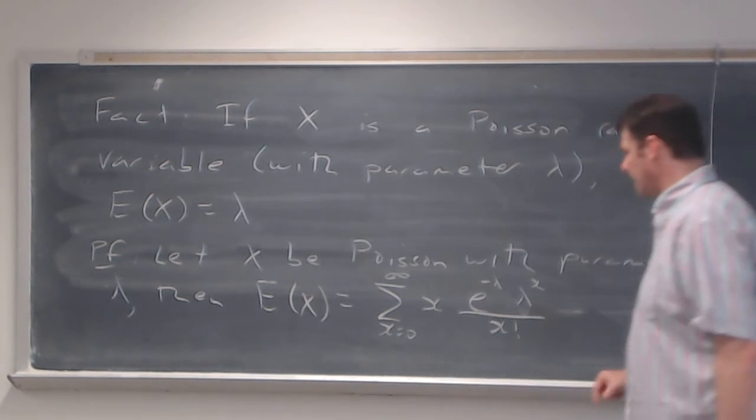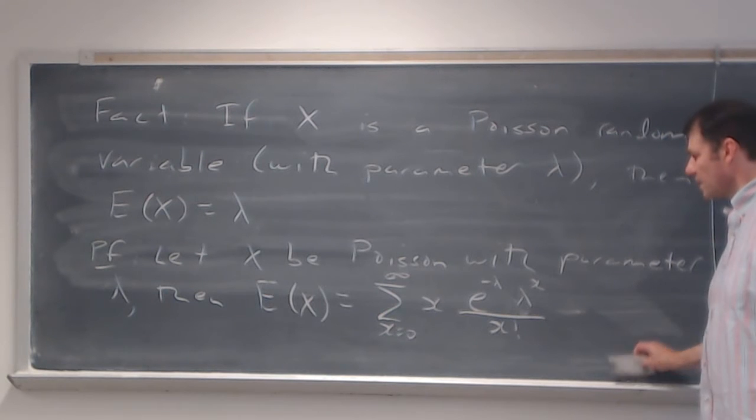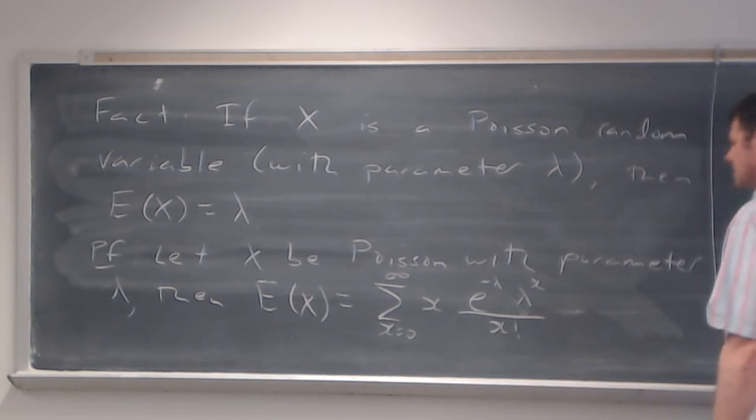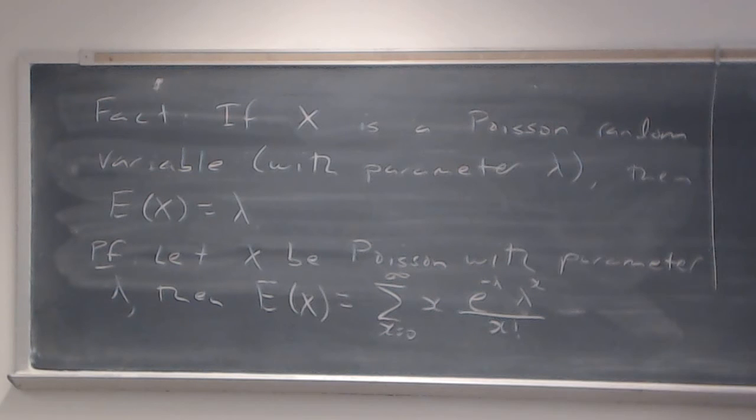That's the PMF. Well, the one thing I noticed is when x equals 0, the first term of the sum is 0, so that doesn't contribute anything. So I might as well run it from 1 to infinity.